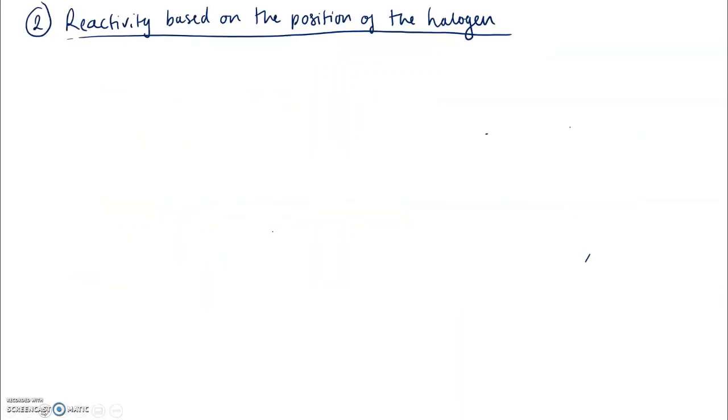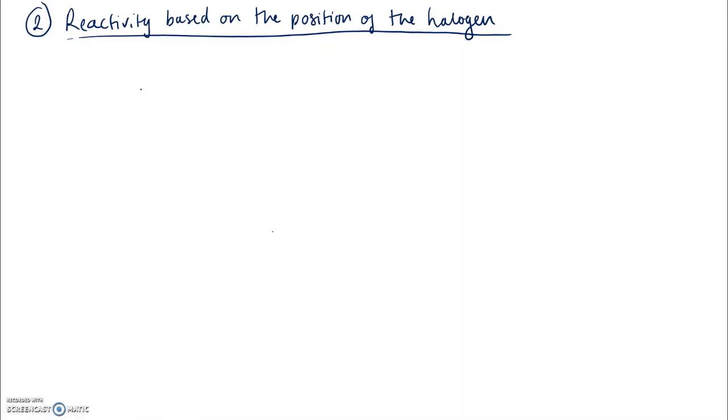The second factor that you need to be able to explain is the reactivity of the halogenoalkane as dictated by where the halogen atom is bonded in the chain. Now, at this stage, you need to be aware of three different variants of halogenoalkane structures.